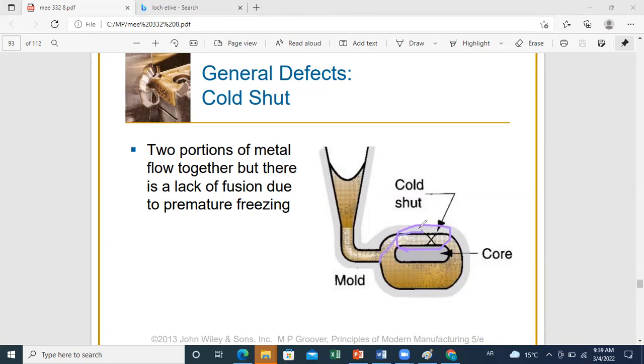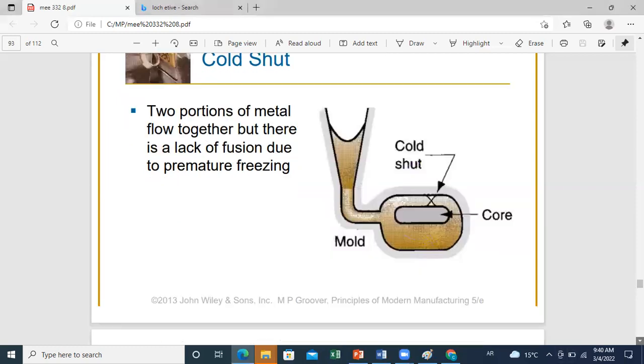The molten metal will be divided into these two regions, but this region is more critical because you have a thinner section here, and you have heat loss through the environment, towards the external part and towards the core, which will cause rapid freezing of this part, and this might lead to lack of fusion. So this is what we call the cold shot.